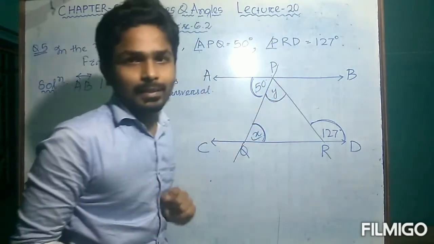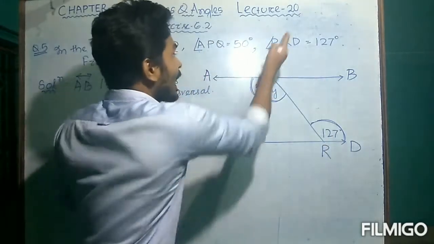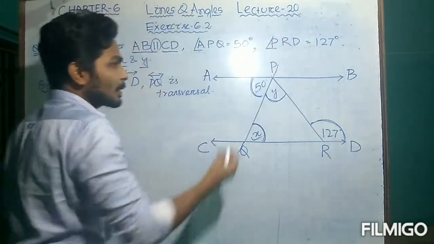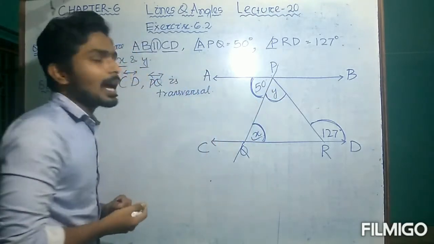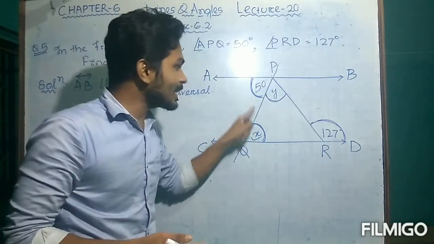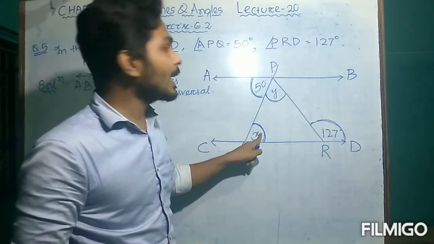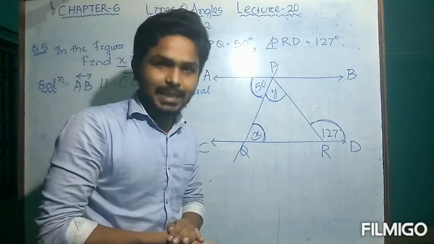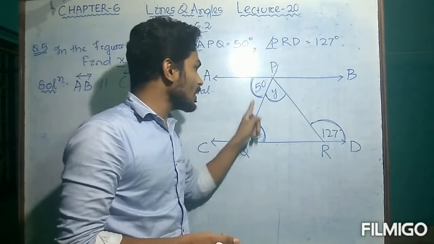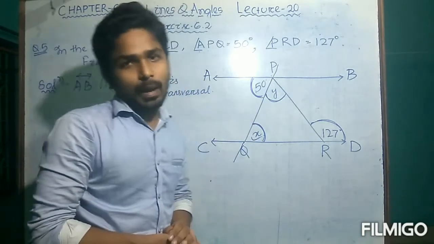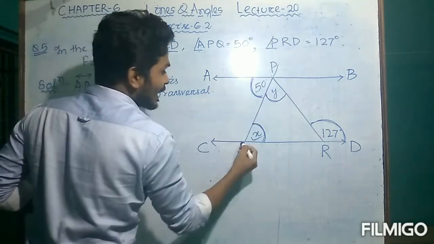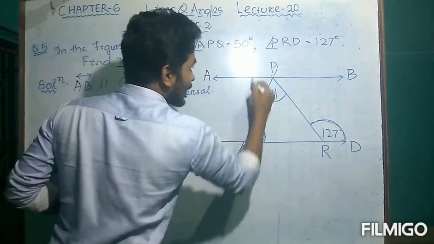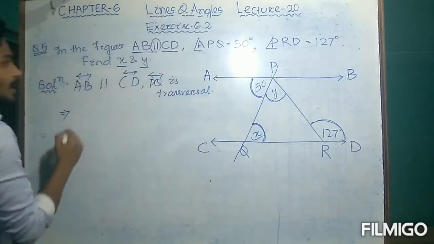Forget about this other line. Consider only these two lines and this transversal. According to theorem 6.2, the pair of alternate interior angles will be equal. So this angle is equal to this angle.